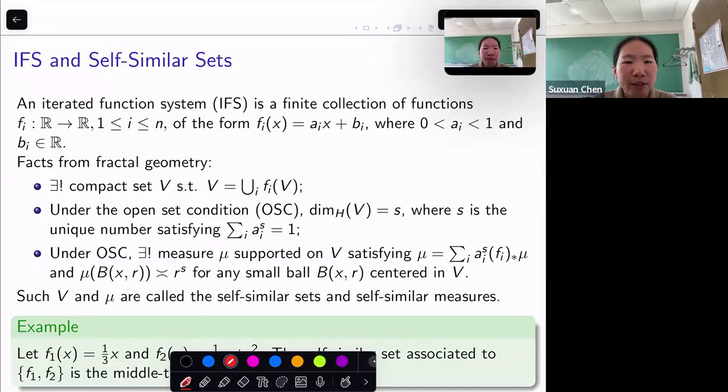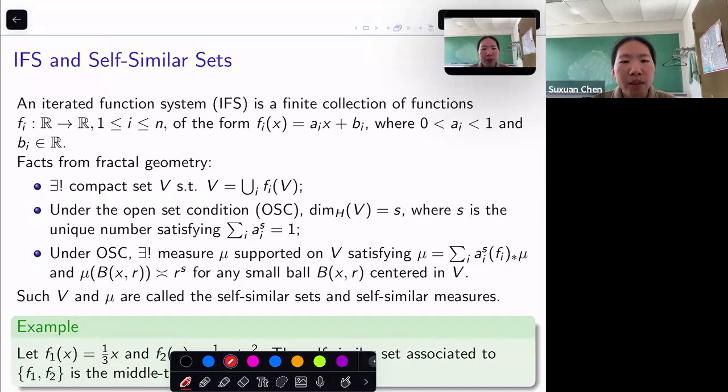There are some facts from fractal geometry. Suppose we are given an iterated function system, then there is a unique compact set V invariant under the iterated function system, in the sense that V is equal to the union of the images of V under those f_i's.